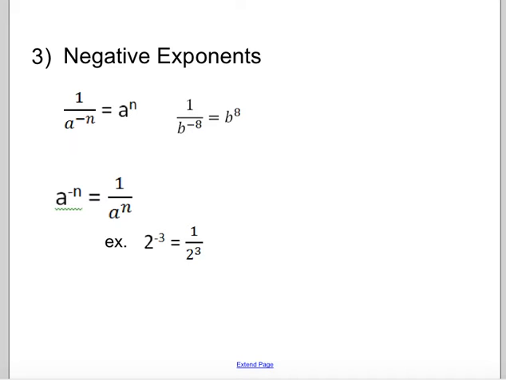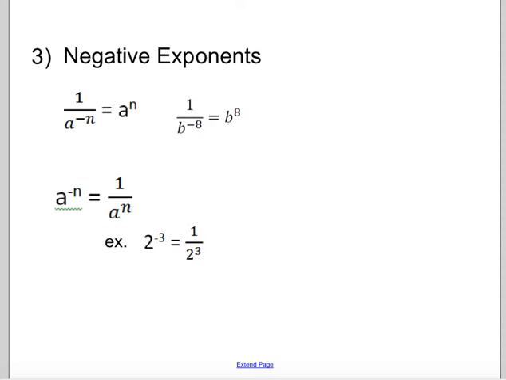So then our other one there is what happens when the negative is up in the numerator. So you have a to the negative n. Well, you can move that to the inverse side, so it's up in the numerator, you're going to move it down to the denominator. So then it becomes 1 over a to the nth. So it becomes a positive power when it gets down in the denominator.